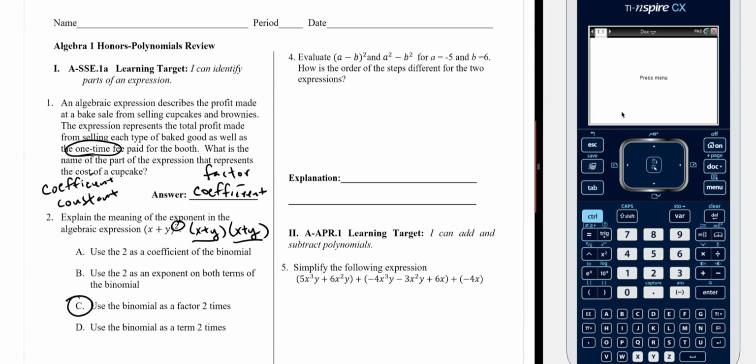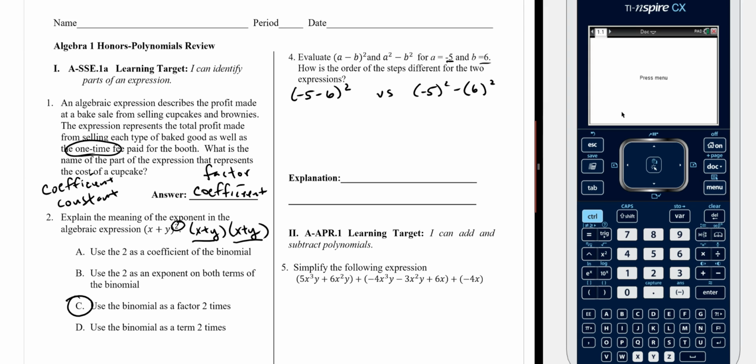Number 4, evaluate these two expressions for a equals negative 5 and b equals 6. How is the order of the steps different for the two expressions? So the easiest way to see how it's different is to actually evaluate. So we're going to plug in negative 5 and positive 6 for a and b. So I've got negative 5 minus 6 squared versus negative 5 squared minus 6 squared.